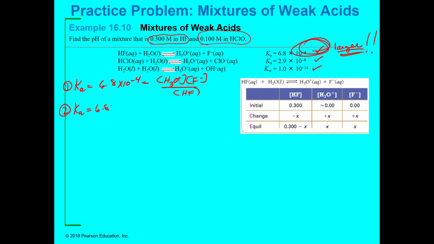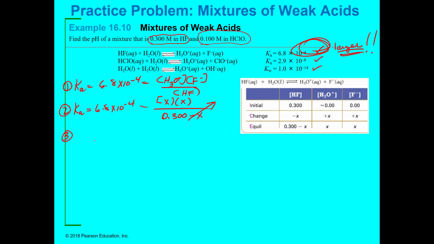All right, and then that was HF, and then Ka, which equals 6.8 times 10 to the minus 4 equals x times x divided by 0.300 minus x, okay, which is small enough for approximation.